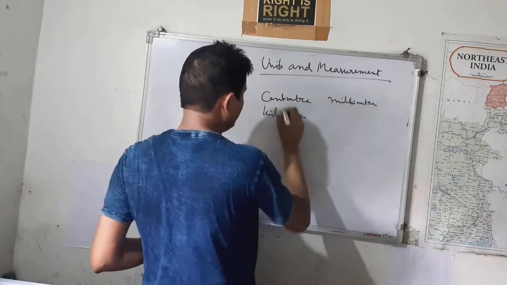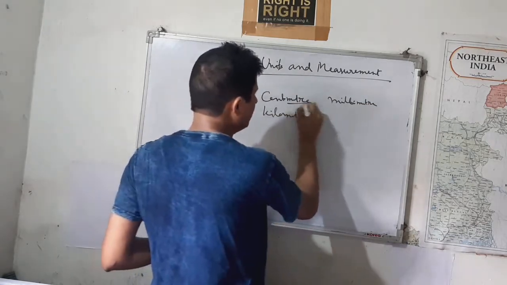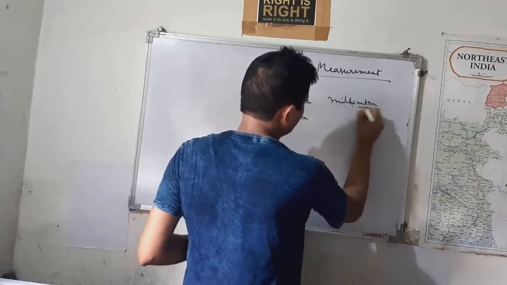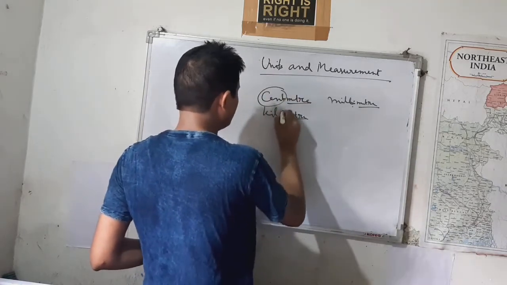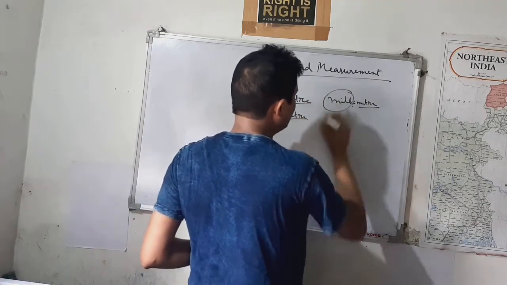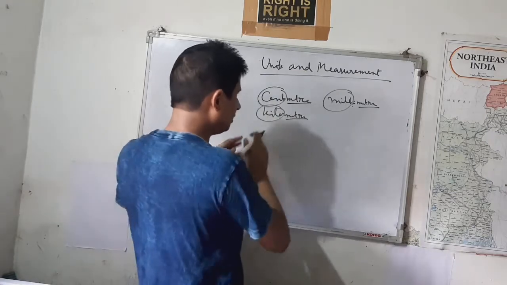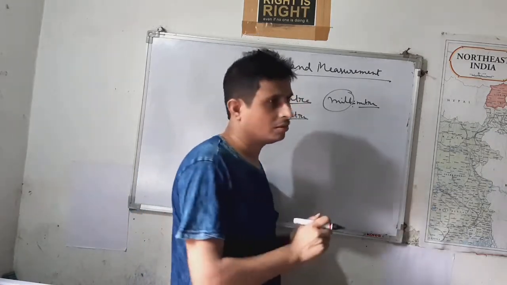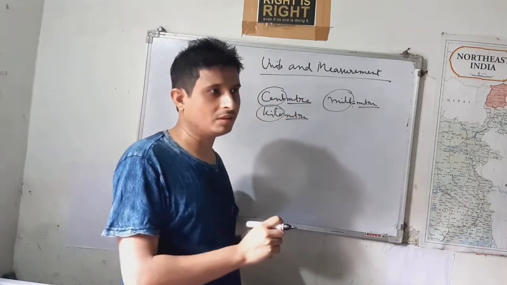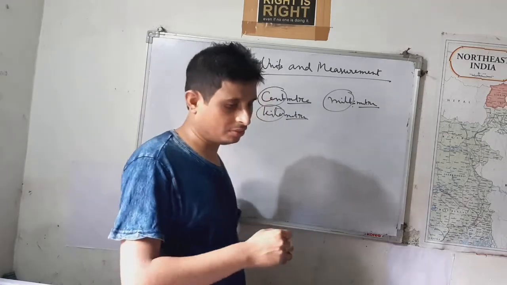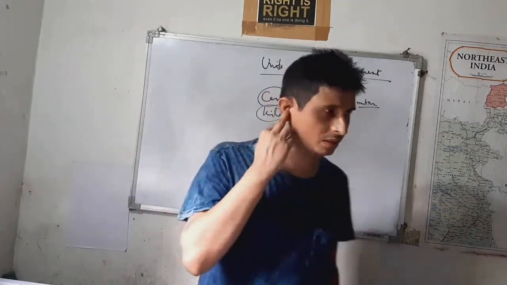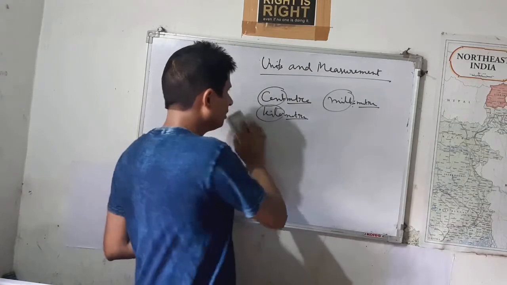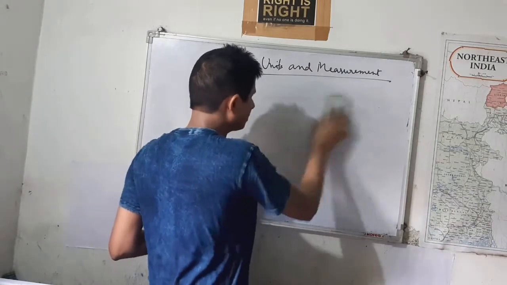Since we know that meter is the unit of length, but here centi, kilo, milli, these prefix terms are known as multiples or submultiples. So we have to learn multiples and submultiples used in units and measurements.